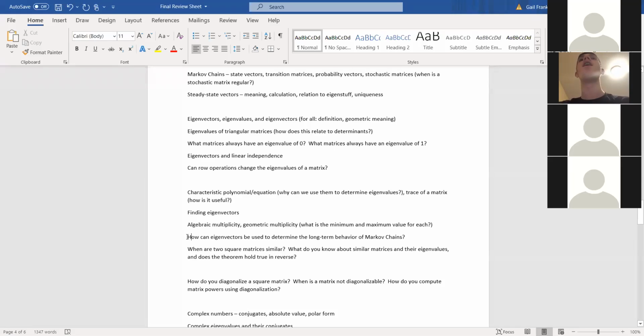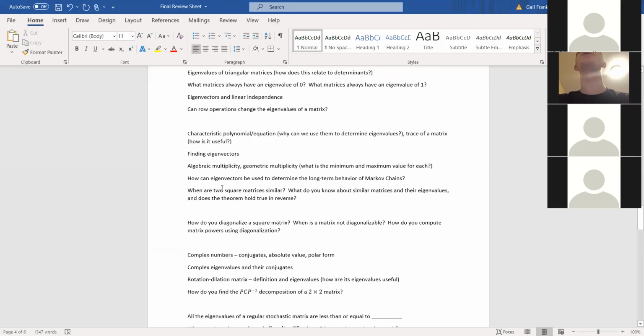So that's eigen stuff. I should have changed this to eigenspace up here. That's why I forgot to mention eigenspace sooner. So how can eigenvectors be used to determine the long-term behavior of Markov chains? That was in worksheet written assignment 3, the question at the end where you have to find the limit.